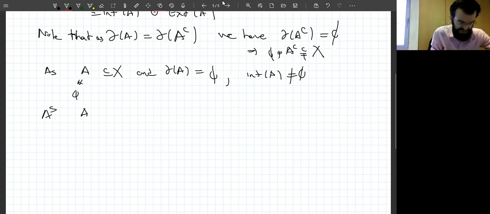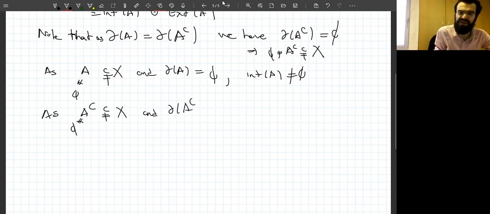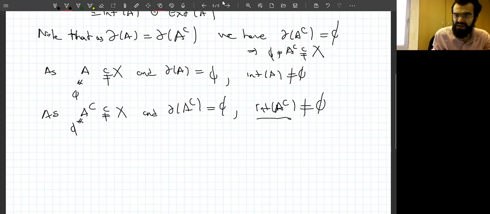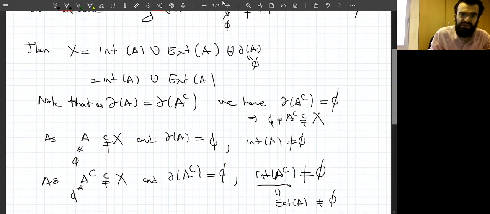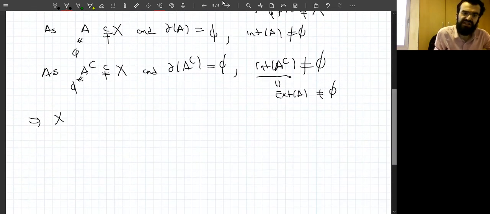As A complement is non-empty and properly contained in X, and the boundary of A complement is empty, this implies the interior of A complement is non-empty, but this is exterior A. If you see, both are open and non-empty, which implies X is disconnected.